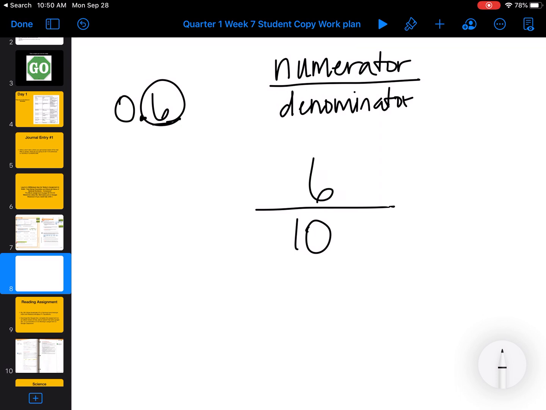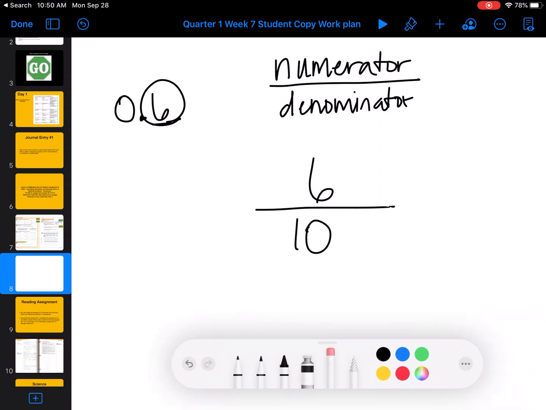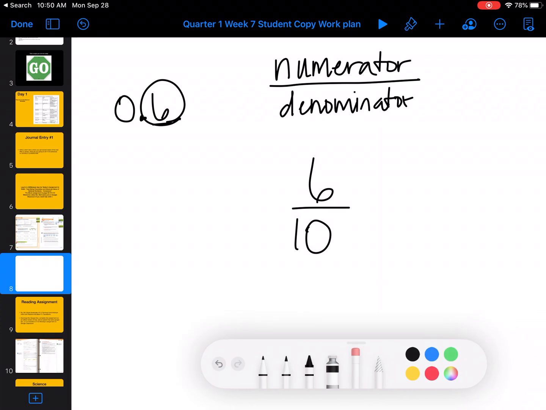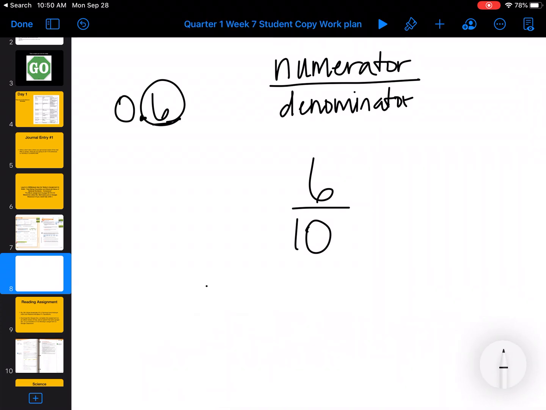So 6/10 is an equivalent fraction, but what we learned last week is that we really have to find the lowest form of our fraction. If the top and the bottom have a greatest common factor that's greater than 1, you can simplify it. So I'm going to factor the number 6. I know it's 1 times 6, 2 times 3. So 1, 2, 3, and 6 are my factors. And then 10 is 1 times 10 and 2 times 5.